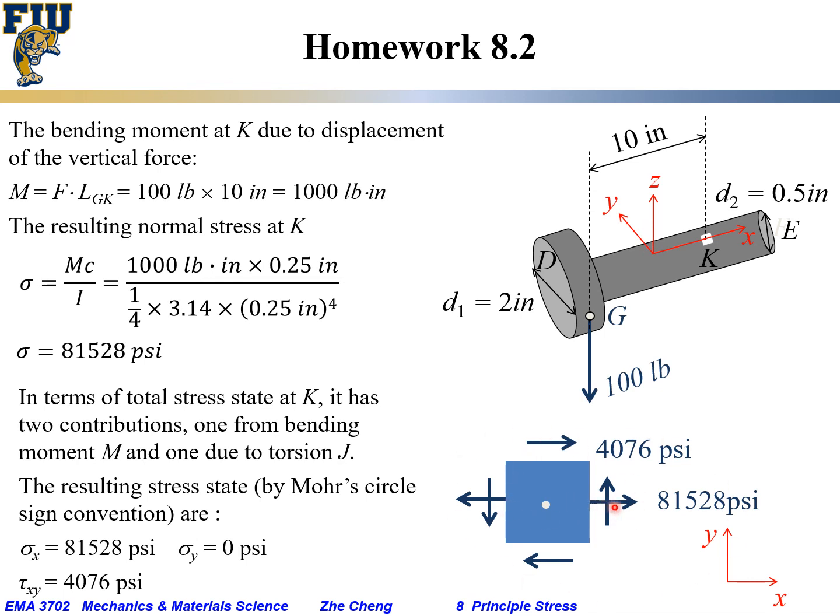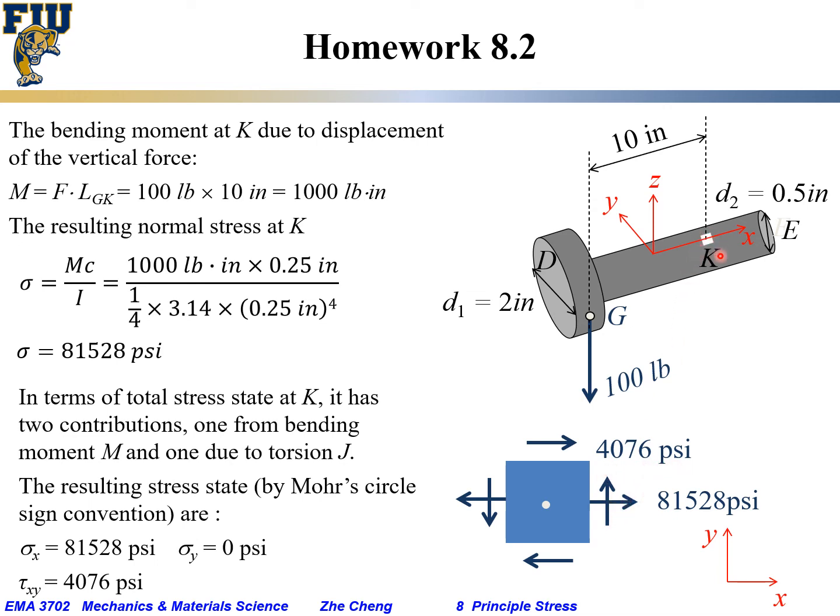The normal tensile stress is 81,528 psi along the horizontal x-axis, and there's no normal stress at K surface along the y direction, so sigma y would be 0, sigma x is what we said, and tau xy would be from the torsion calculation, 4,076 psi, and I draw it this way.